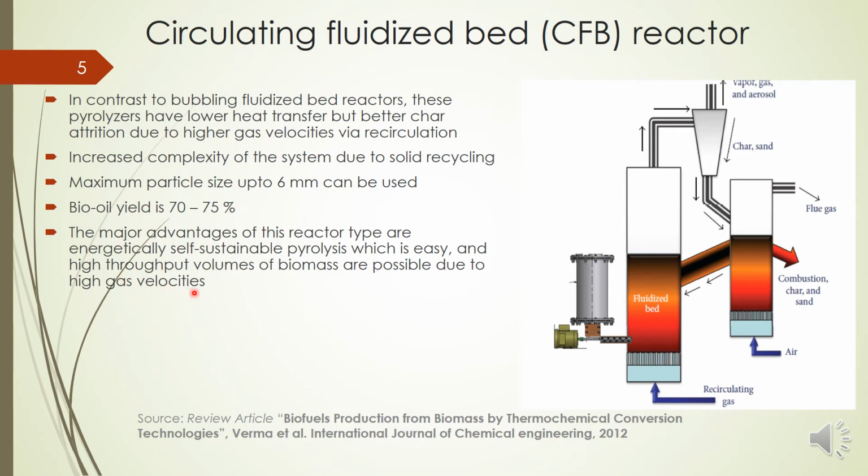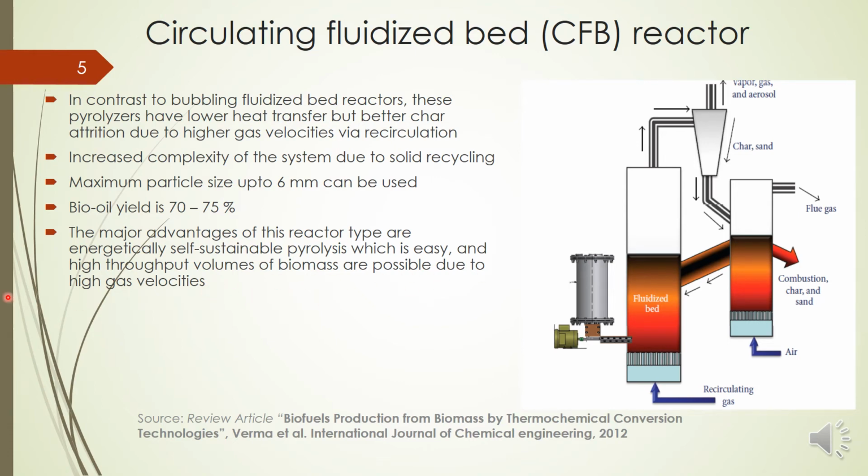Even though the heat is self generated, due to the high gas velocity, the amount of biomass that can be processed, the throughput volume, is a problem of this reactor.